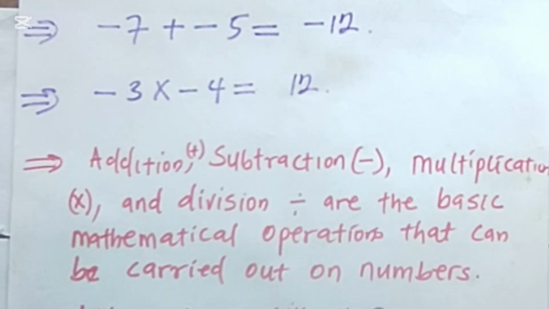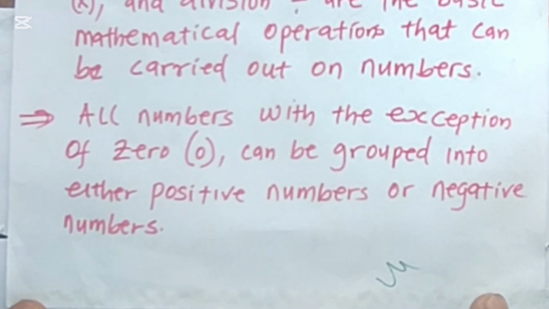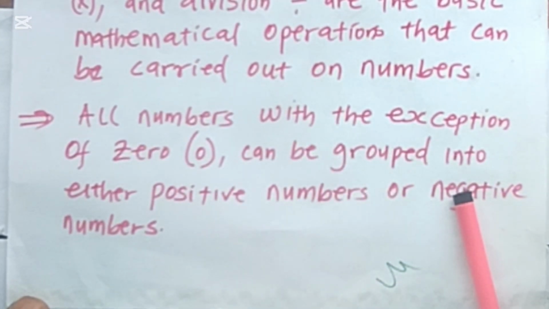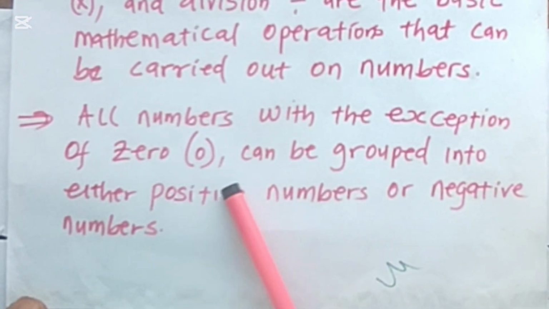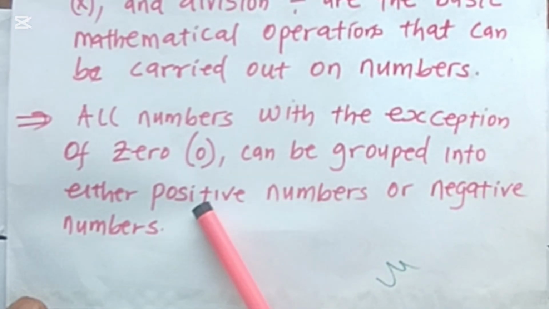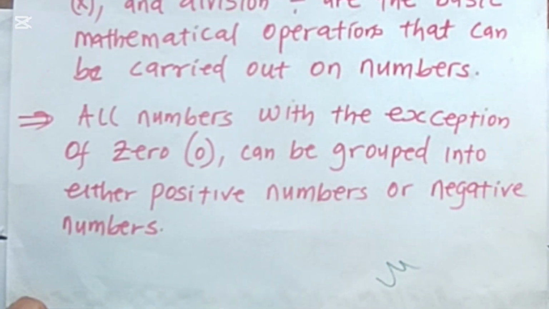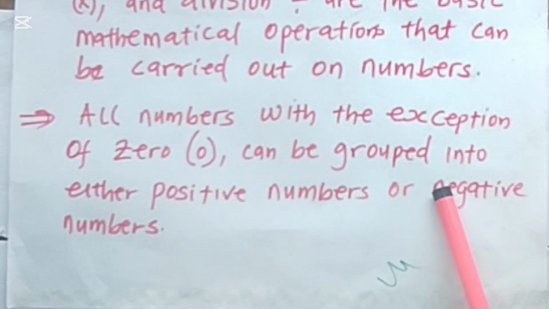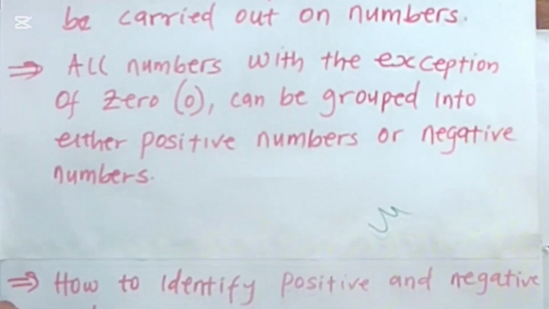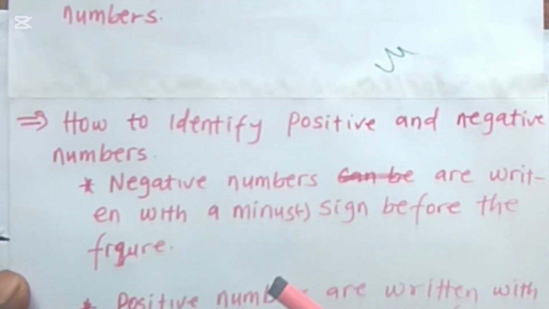Having known that, I want us to also understand that all the numbers that are in existence, with the exception of 0, can be grouped either into positive numbers or negative numbers. This is very important. Now that we know this, it is a very pertinent question to ask: how can we identify negative numbers and positive numbers?